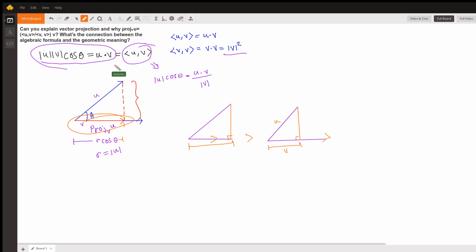So I'm going to rewrite this as the distance from the tail to the tip of the red vector, and that's the magnitude of u times cosine theta, which is equal to u dot v over the magnitude of v, which you can write as this notation and this notation.